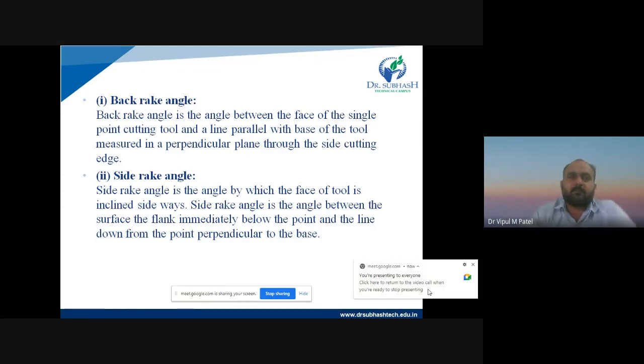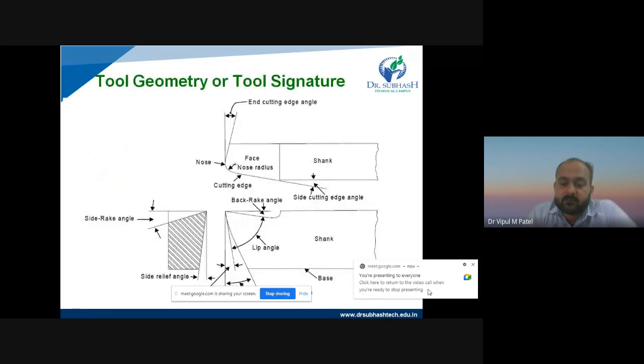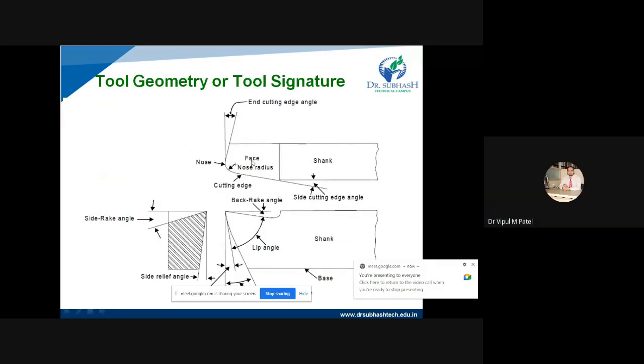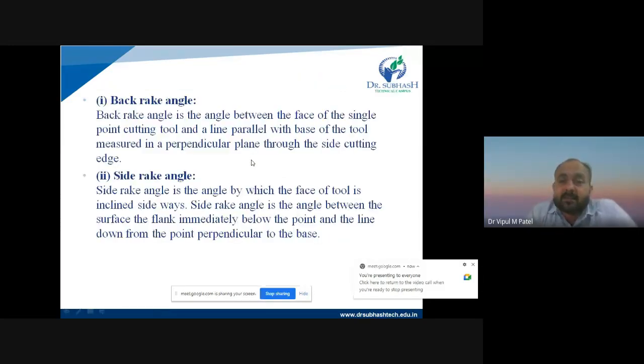You can see the face of the single point cutting tool over here, and the line parallel with the base. So where is the side cutting edge and the line parallel to the base?